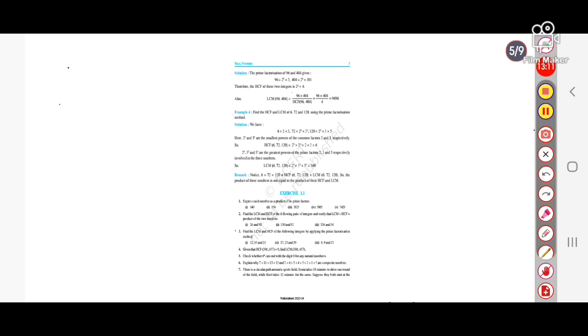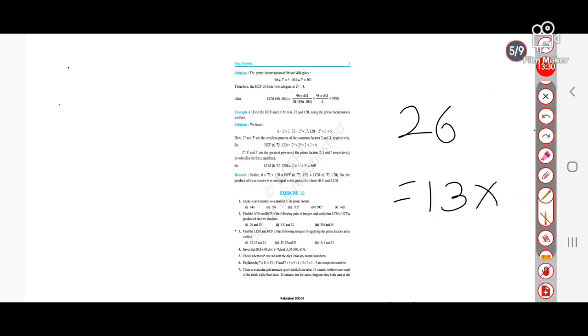Now for 26, if we do the same process, we get 13 into 2 into 1. The same process we do for 91. For 91, what we get is 13 cross 7.